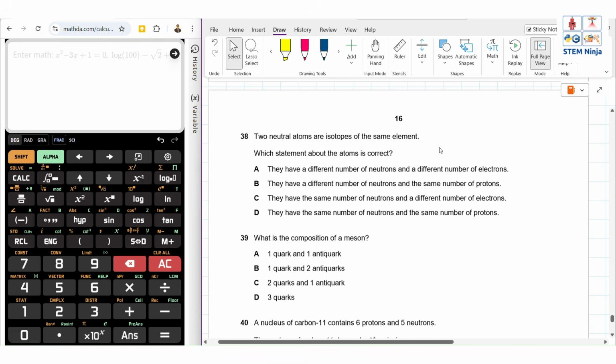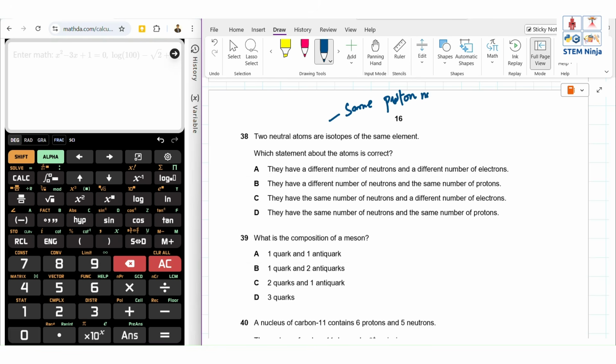Two neutral atoms are isotopes of the same element. That means same proton number but different neutron numbers, or nucleon numbers. Either way, sorry, nucleon numbers.